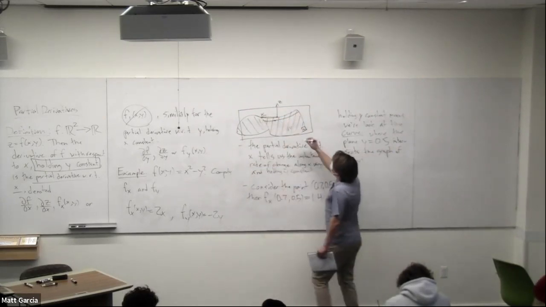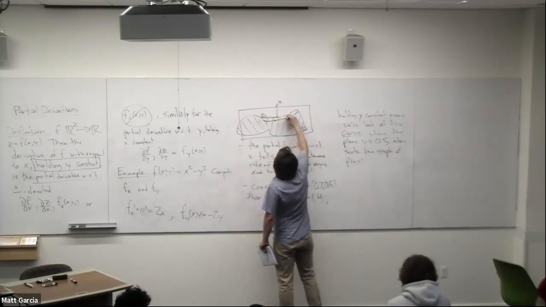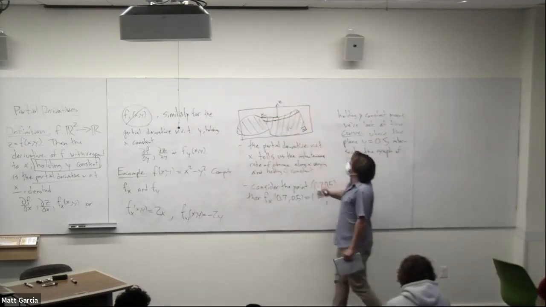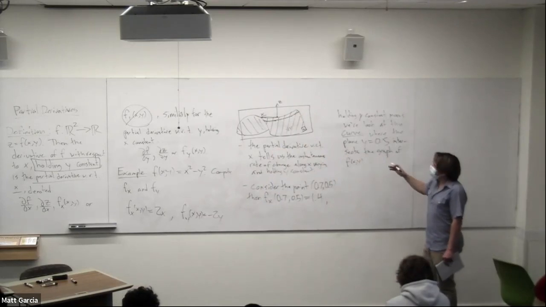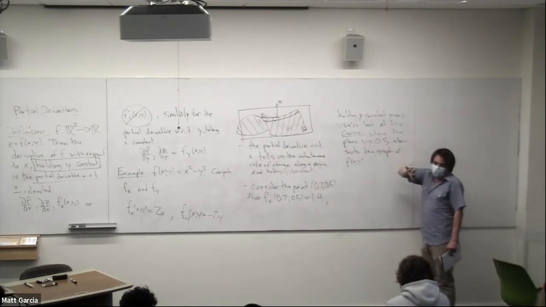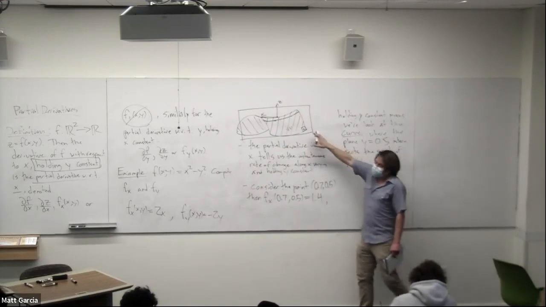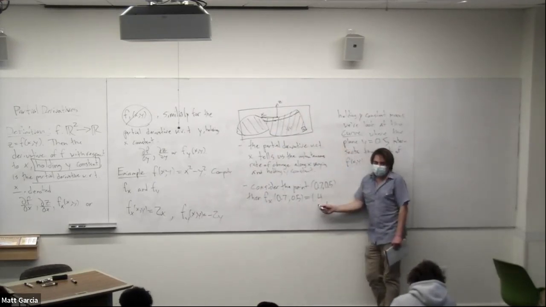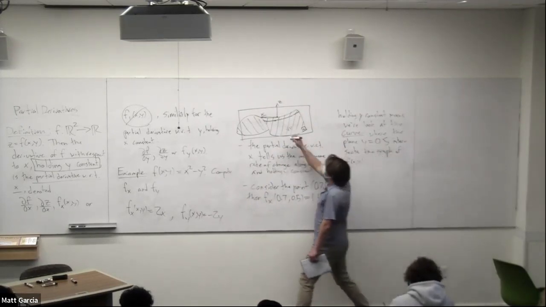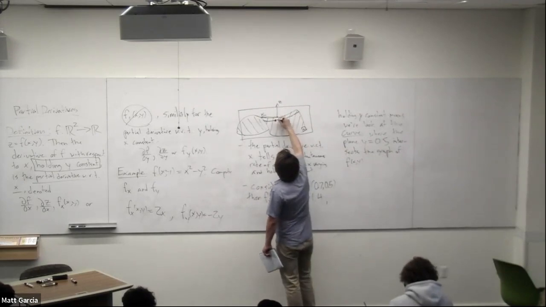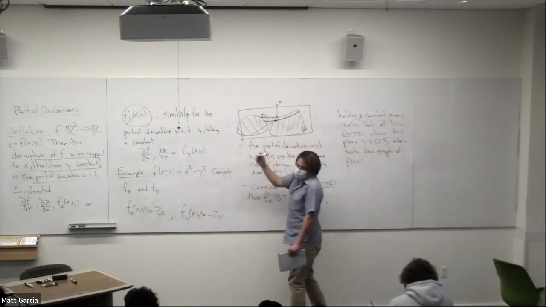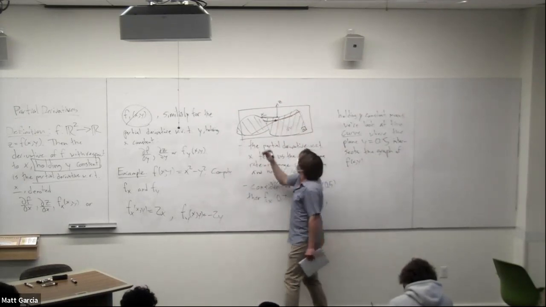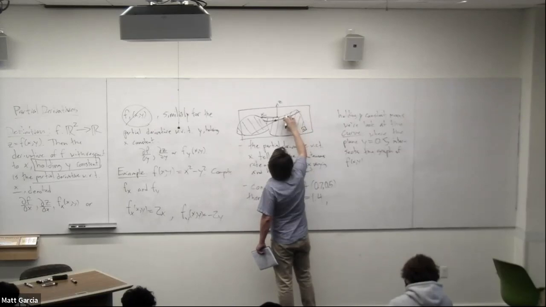Okay, so this curve that I've highlighted in squiggle is the intersection of the plane where y equals 0.5 and the graph of f. So what this is telling us is the slope of the tangent line at this point on our graph. That's a terrible tangent line, but I think you know that.